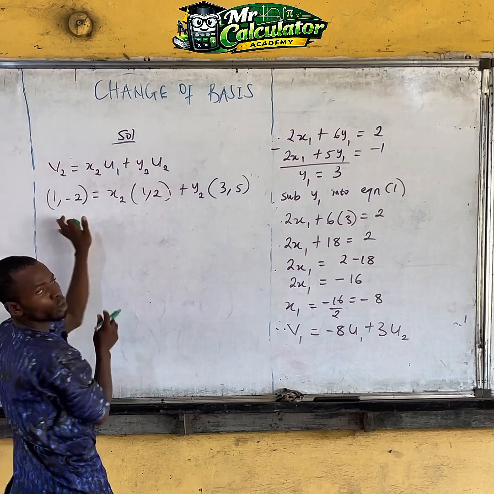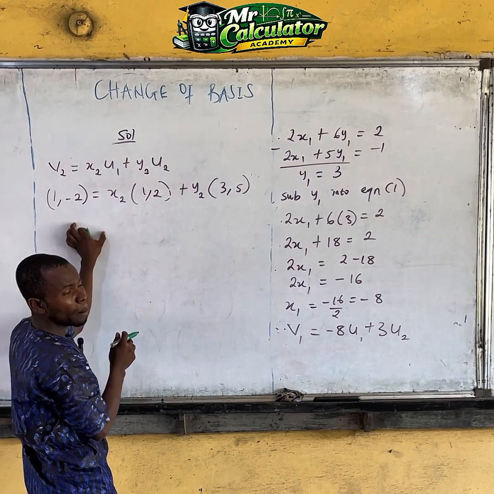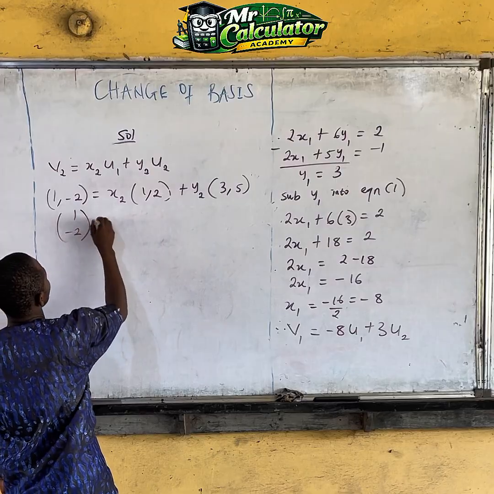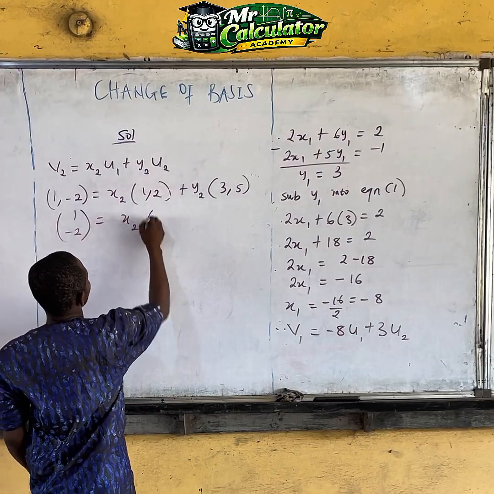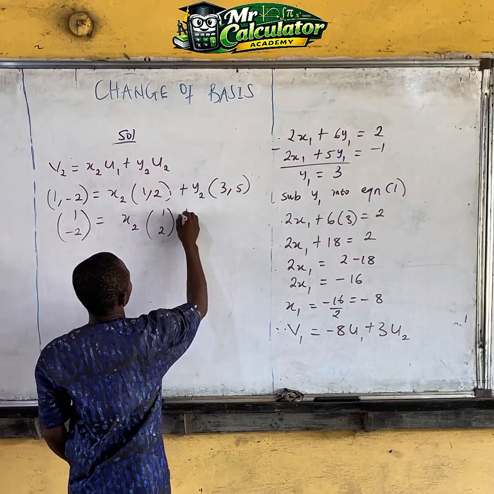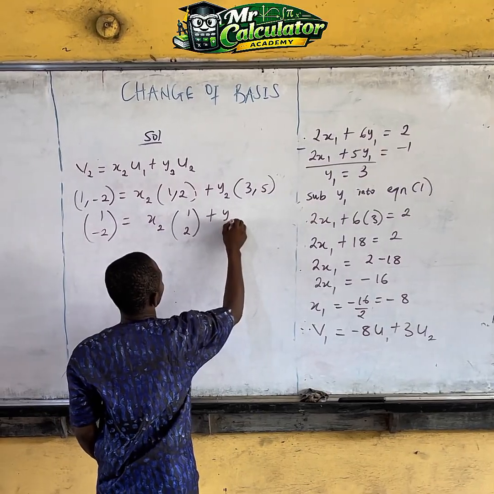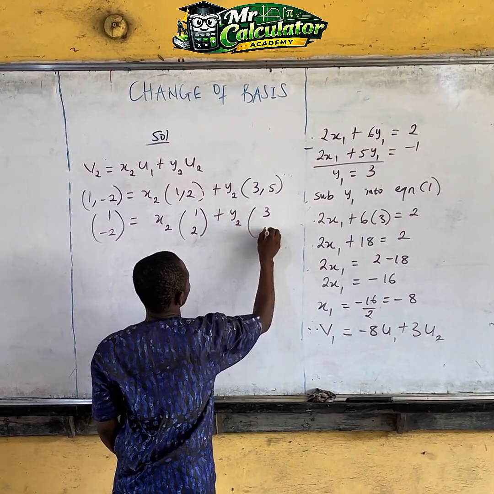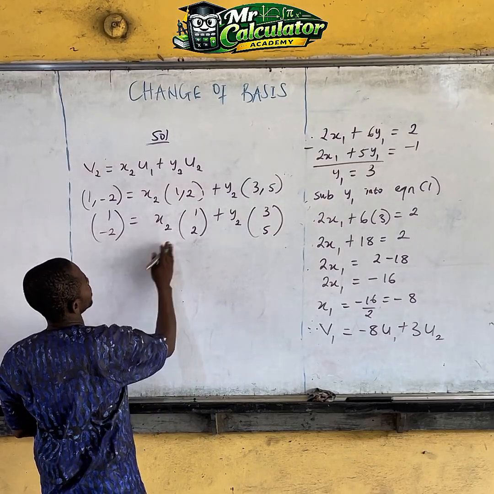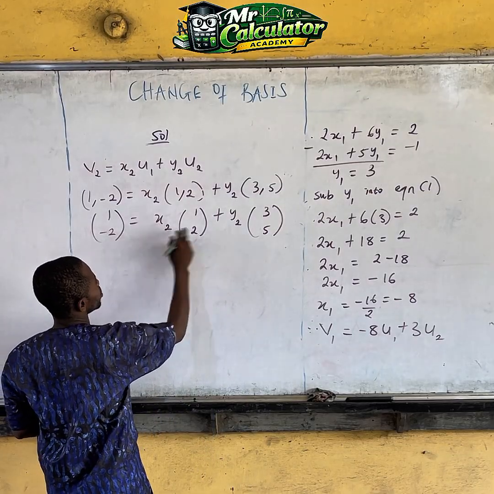Now we have to put it in the form of a column matrix: (1, -2) equals x2 times (1, 2) plus y2 times (3, 5). From here, the same approach, I will distribute this x2 and y2 into it.